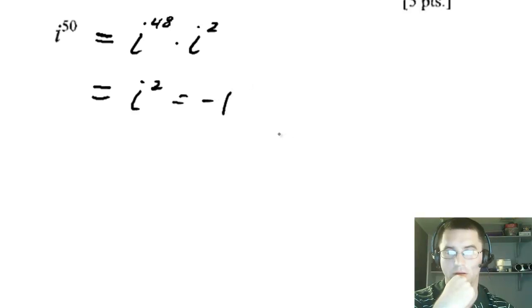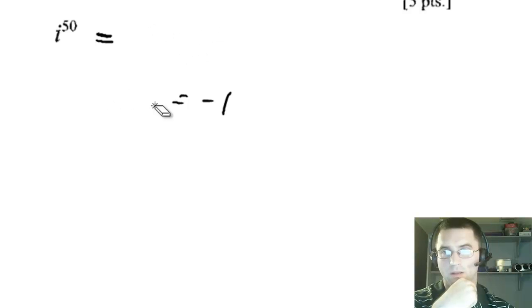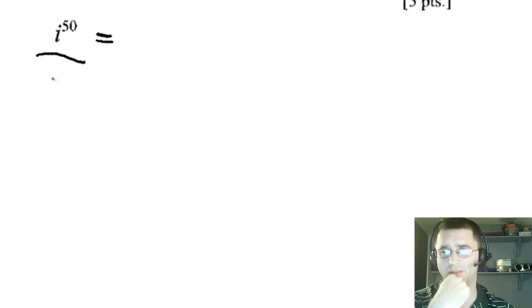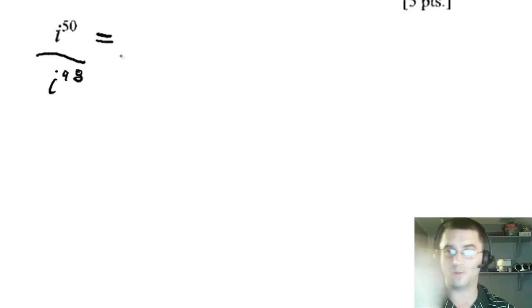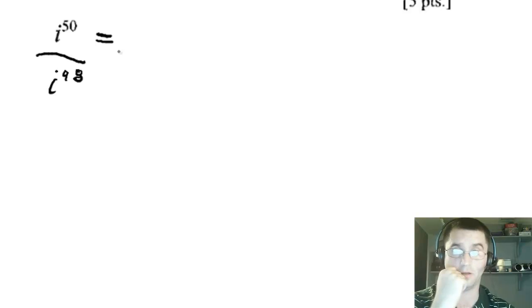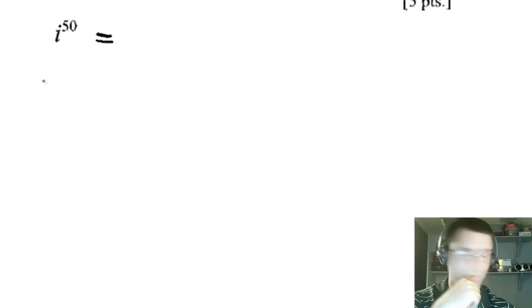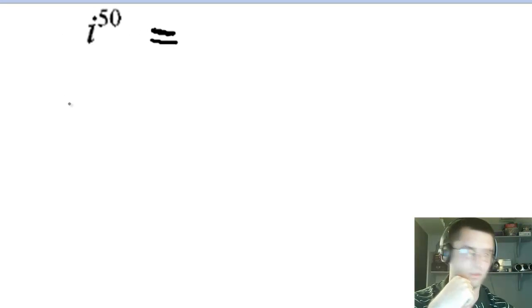Another approach you could take on this same problem is instead of splitting the 50 into a multiple of 4 and something that is not a multiple of 4, you could divide the whole thing by I to the 48. What's I to the 48? It's 1. So am I changing the value when I divide by 1? No, I'm not. Let me make this a little bigger so it's easier to write.